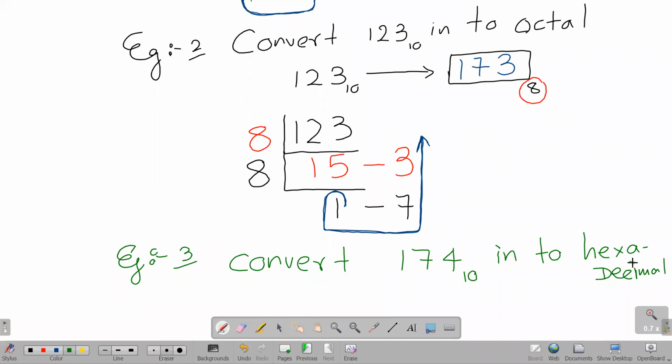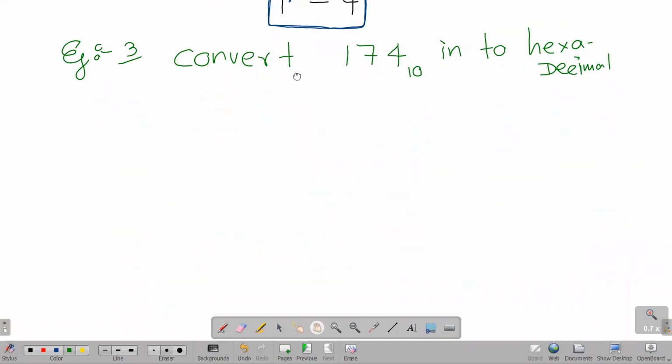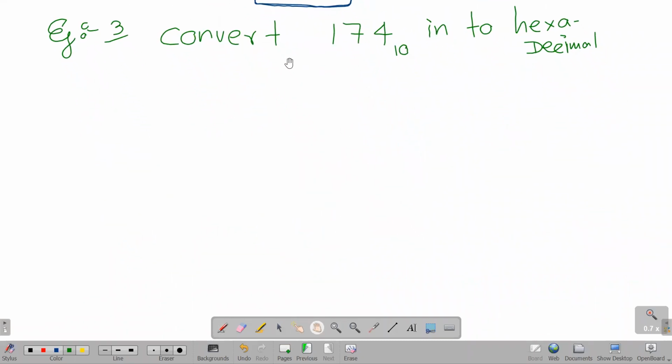Right. So our task is converting 174, the decimal value, into a hexadecimal, which means base 16.